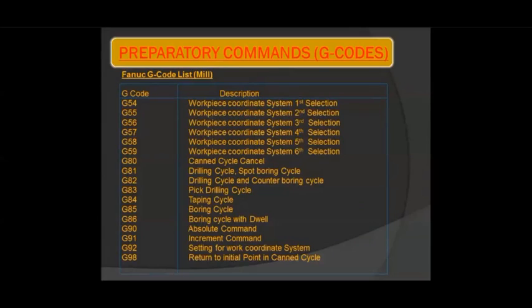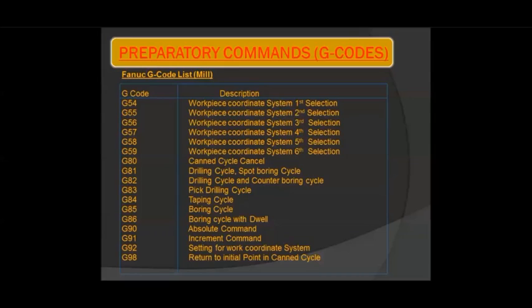Next, G54 workpiece coordinate system first selection, G55 workpiece coordinate system second selection, G56 workpiece coordinate system third selection, G57 workpiece coordinate system fourth selection, G58 workpiece coordinate system fifth selection. G59 workpiece coordinate system sixth selection. G80 canned cycle cancel.